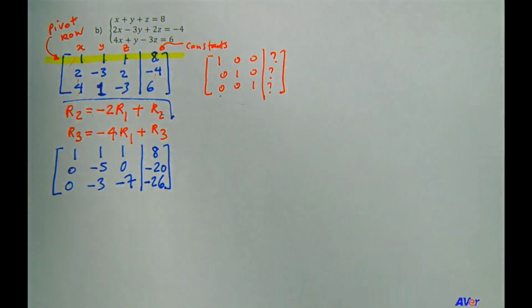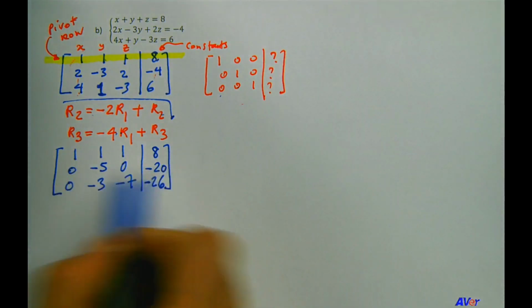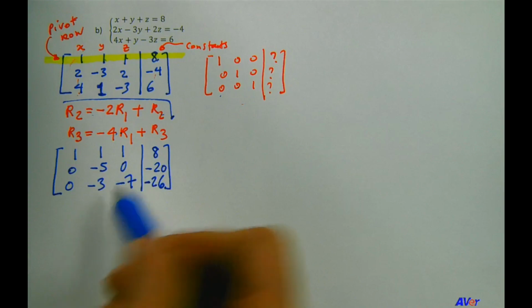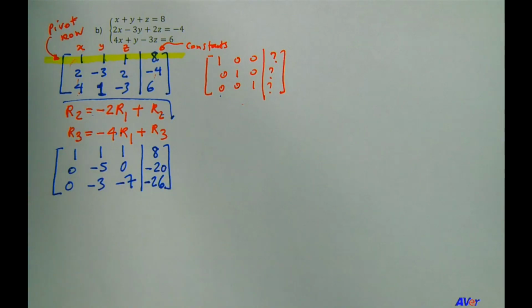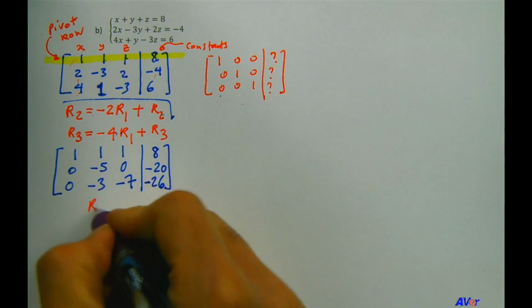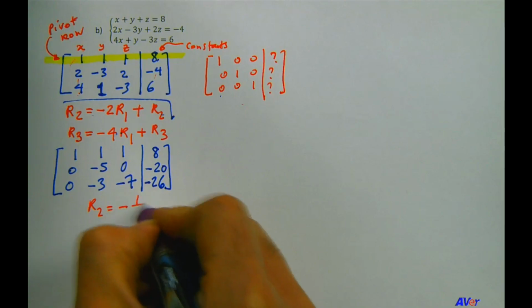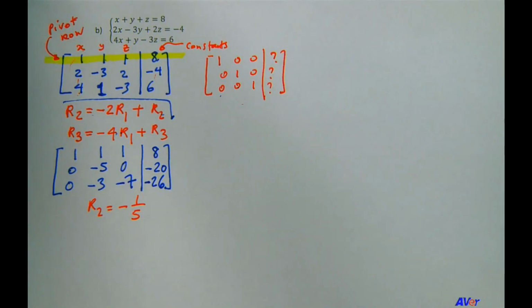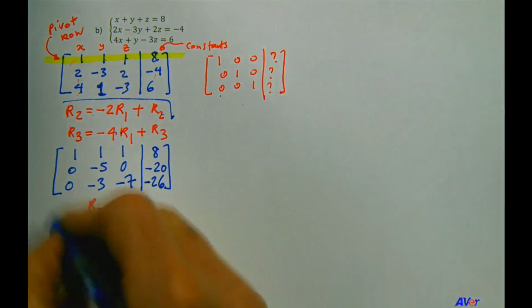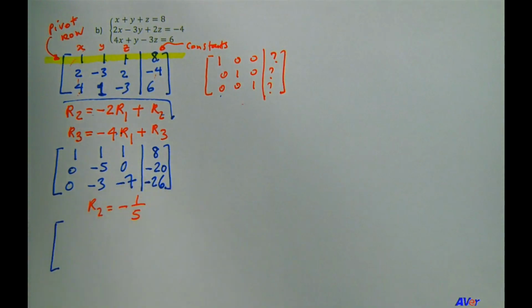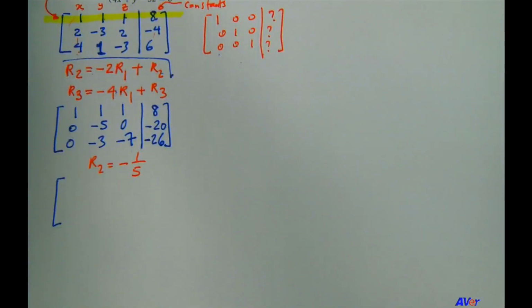Well, we can multiply that whole row by negative 1 over 5. So let's do that. So row 2 is equal to minus 1 over 5 times row 2. That entire row 2, we multiply it by negative 1 over 5. Let's do that. So go ahead, pause the video, write down the next matrix before you see my solution there.